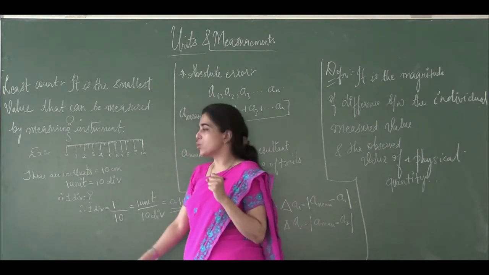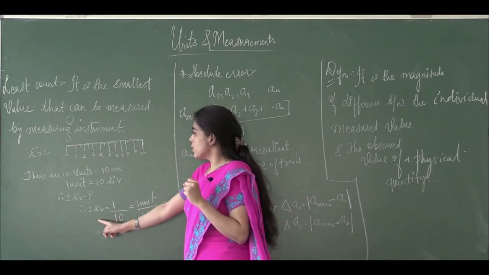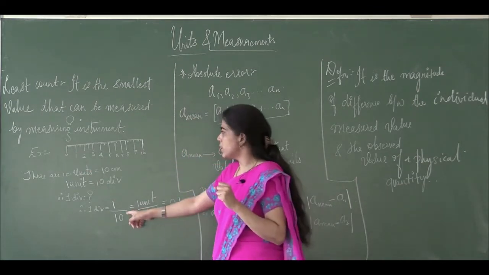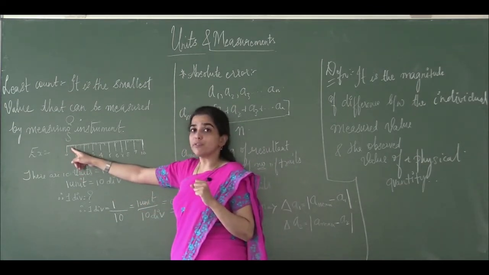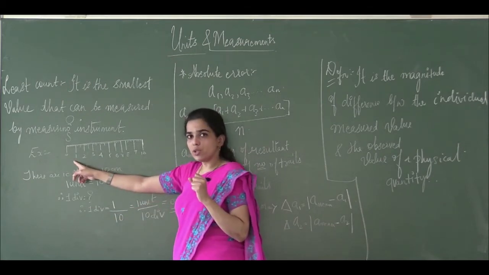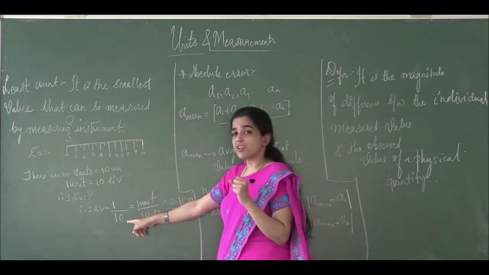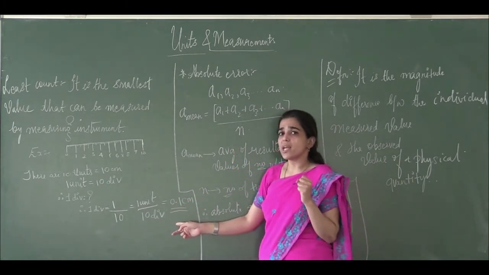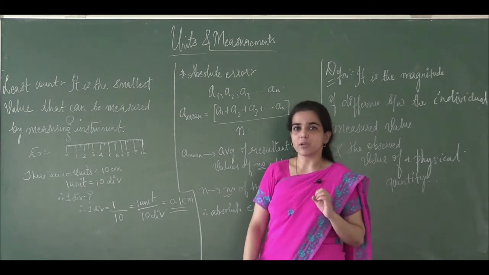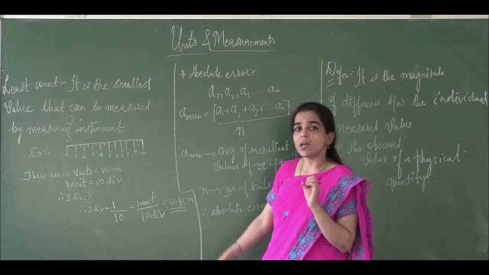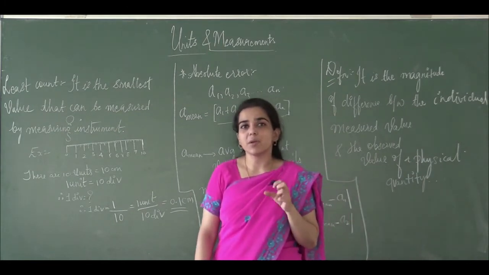So what we do is we divide the entire 1 unit by its number of divisions, that is 10. So we will get the least count value to be 0.1 centimeter. So this 0.1 centimeter becomes the least count of our scale, which is 10 centimeters long.